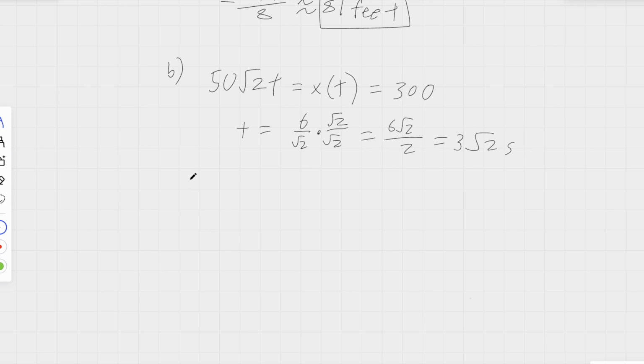So y of 3 root 2 is equal to 3 plus 50 root 2 times the time, which is 3 root 2, minus 16 times 3 root 2 squared.